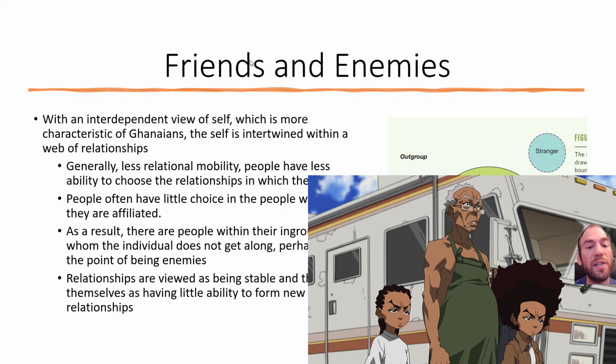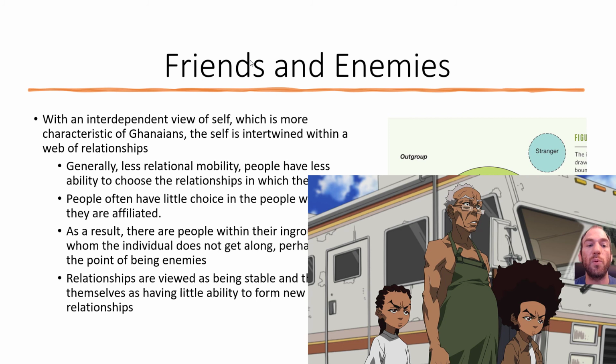Generally, there is less relational mobility. People have less ability to choose the relationships in which they engage. People often have little choice in the people with whom they are affiliated. As a result, there are people within their in-groups with whom the individual does not get along, perhaps even to the point of being enemies. Relationships are viewed as being stable, and they see themselves as having little ability to form new relationships.